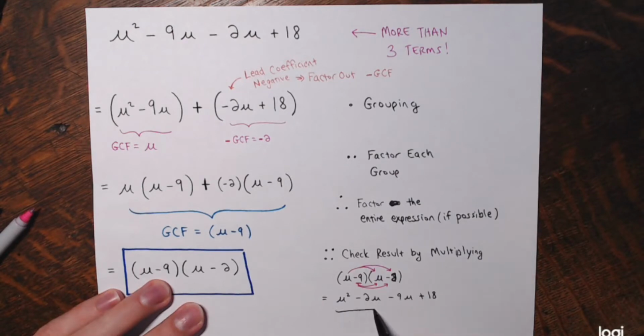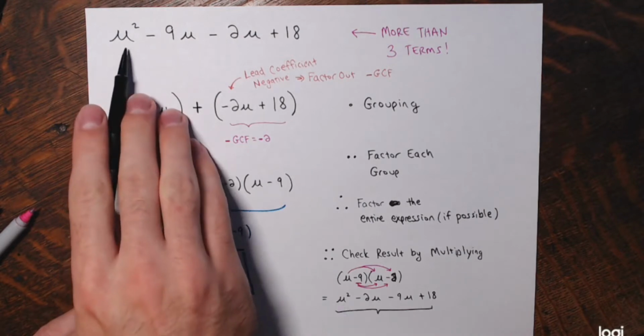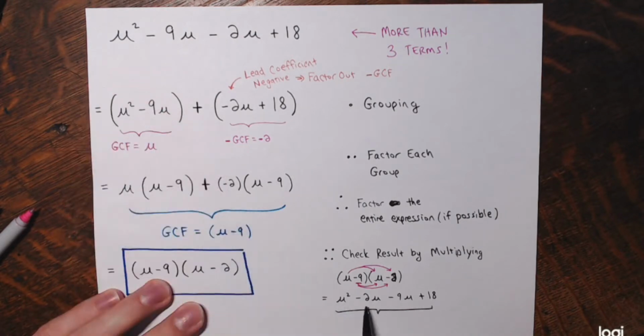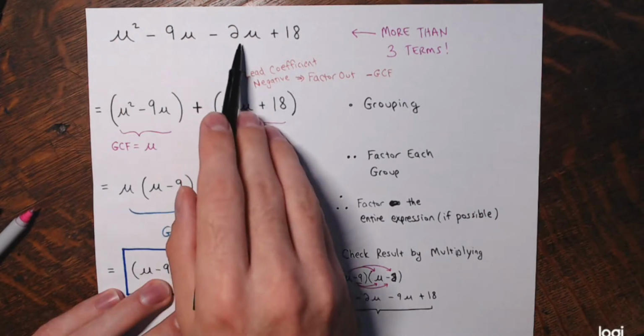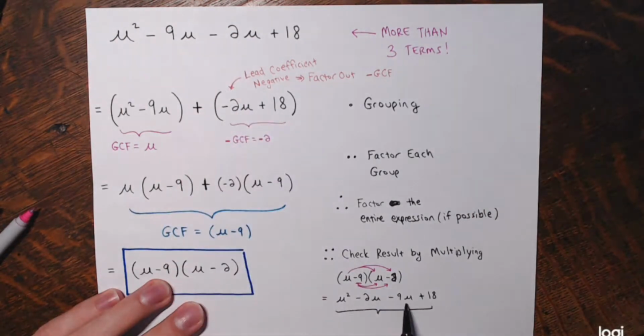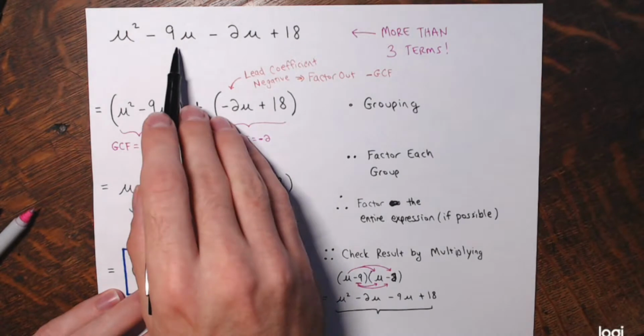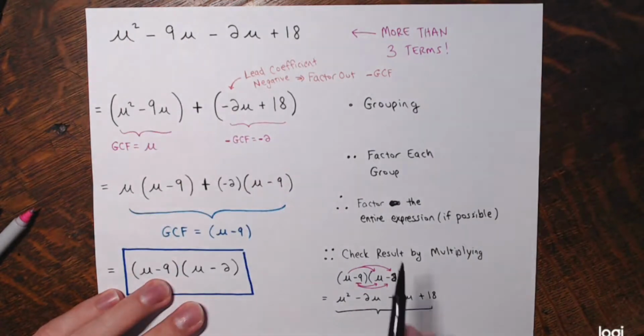And you see how these four terms, you have u squared, the original had u squared. Negative 2u, the original had negative 2u. Negative 9u, the original had negative 9u, and positive 18, the original had positive 18. So this is the same as the original expression, right?